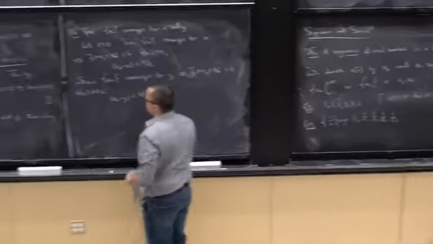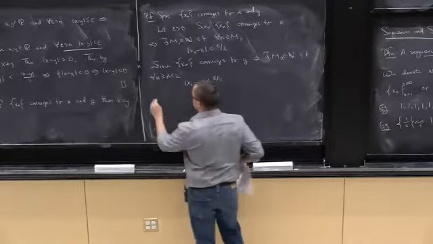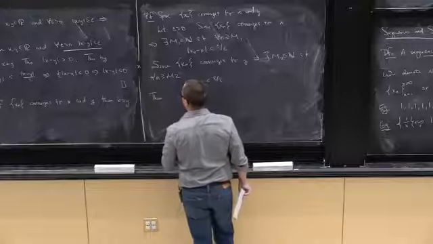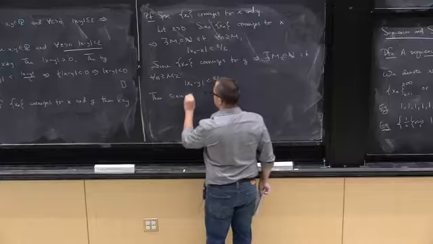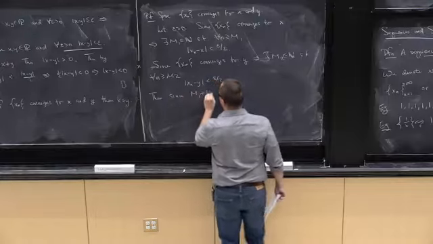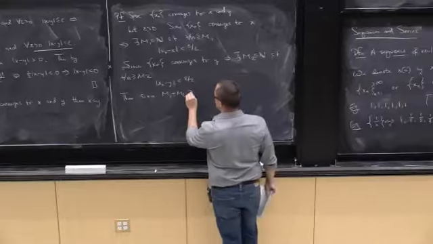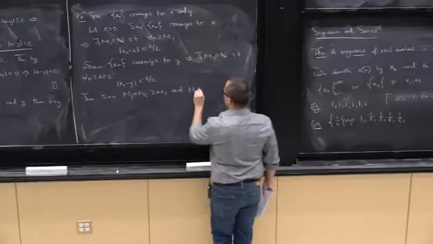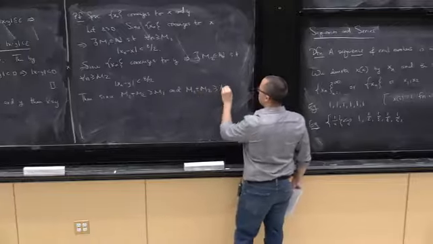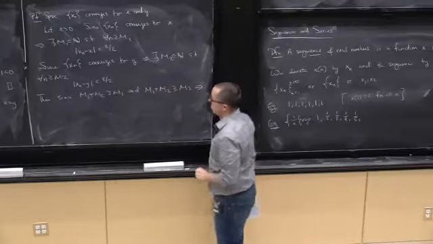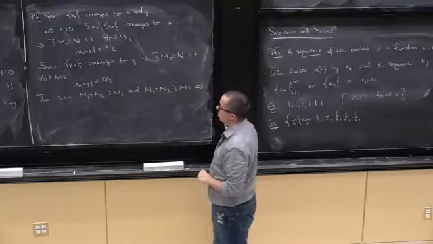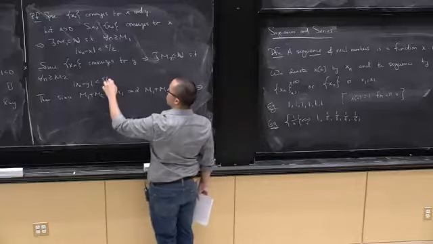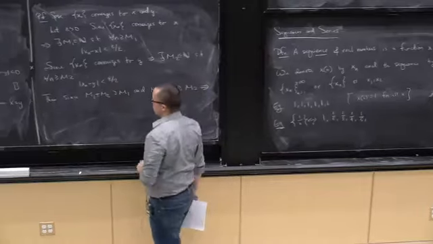Then, since m1 plus m2 is a natural number bigger than or equal to m1 and m2, I'm going to use these two inequalities and the triangle inequality.